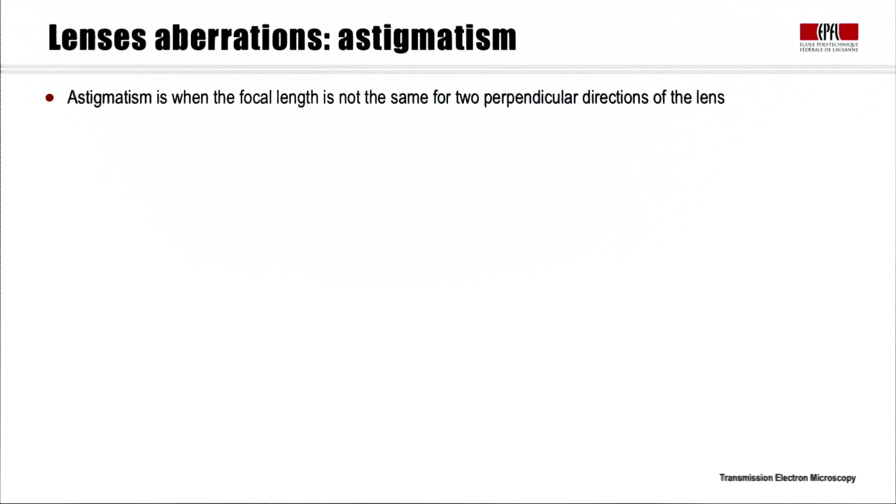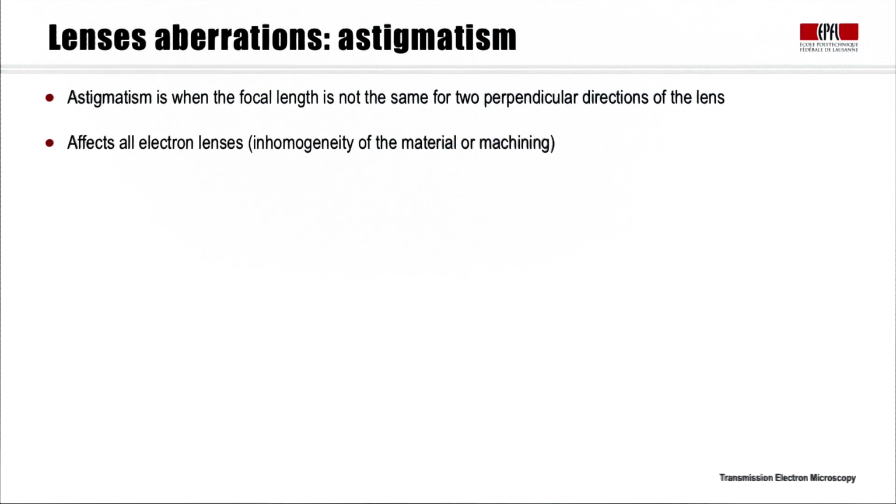Therefore, we need to represent astigmatism in a 3D drawing, which will make the drawing a little bit more challenging. Astigmatism affects all electron lenses because of inhomogeneities in the material or machining, but also because of dust particles that escape the specimen, contamination on the aperture or pole pieces, or even because of the specimen itself if it's magnetic.